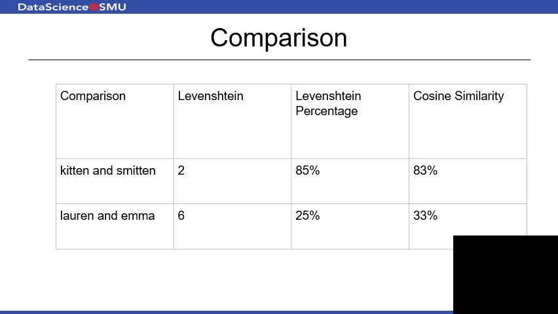Even though most data scientists use Levenshtein distance and cosine similarity for different purposes, let's compare them on how they do with string comparison. In this case, we did Levenshtein and cosine similarity on two sets of strings. You can see the first one was kitten and smitten, where the Levenshtein distance is 2. And then the second one is Lauren and Emma, where the Levenshtein distance is 6.